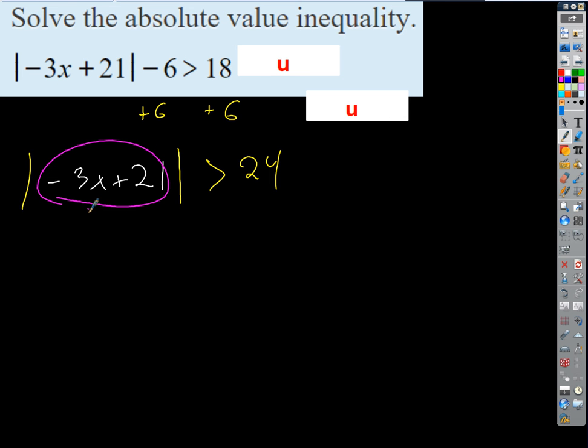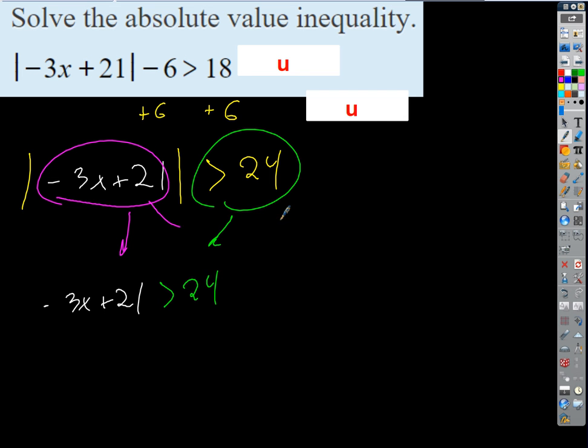So what are the two inequalities I can write then? Either negative 3x plus 21 has to be related to this 24. Greater than 24 is one thing I could say. What else could I say?